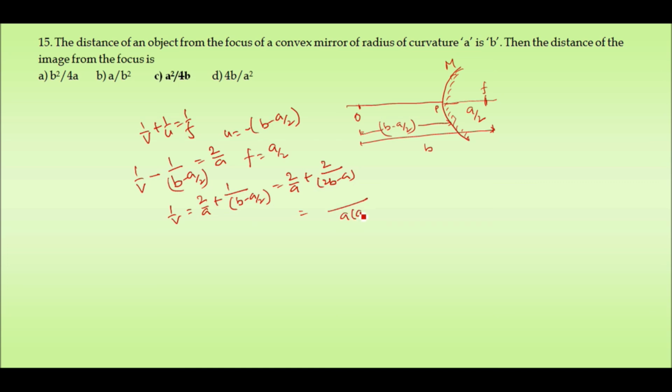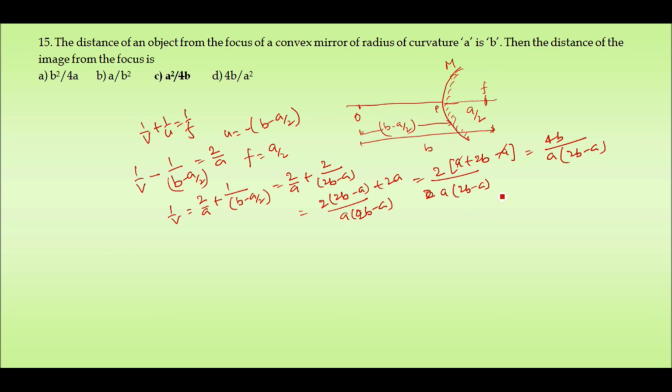From there we get, if I take 2 common, 2 by a into (2b minus a), and it is (2b minus a plus 2a)... that is (a plus 2b minus a). So clearly it's 4b divided by a into (2b minus a).